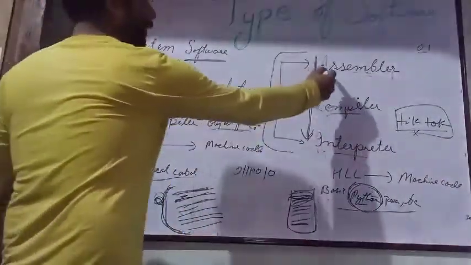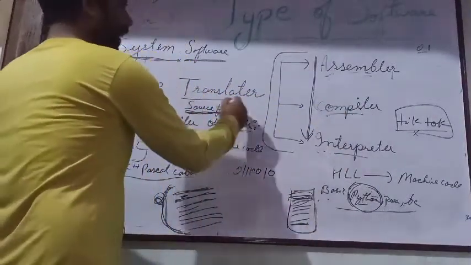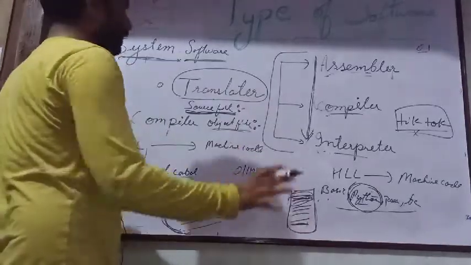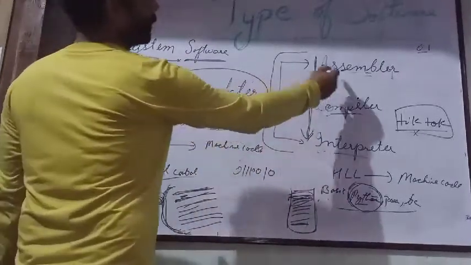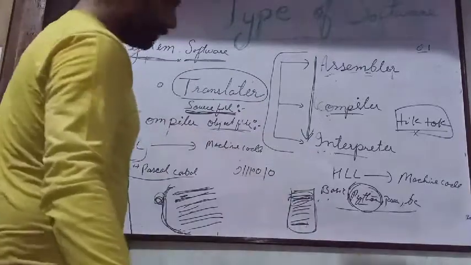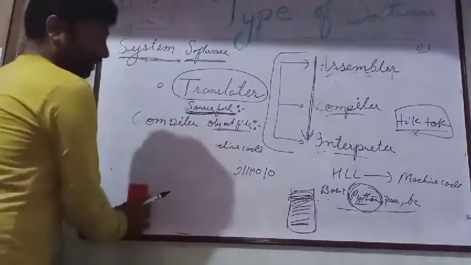I have told you about the assembler, compiler and interpreter, the family tree of the translator, which is not in the book, but understand the translator as software under which the assembler, compiler and interpreter come. The next topic is the operating system, a system software.